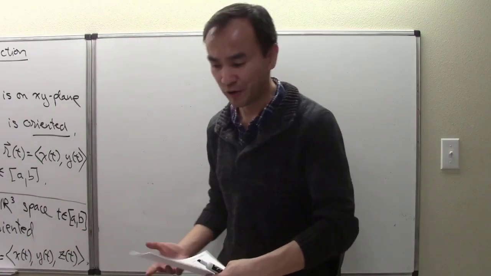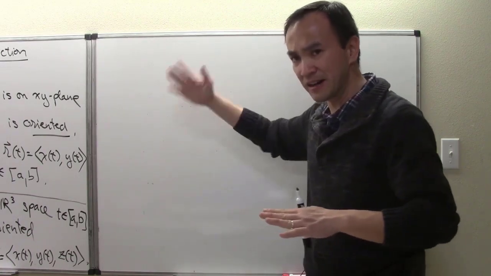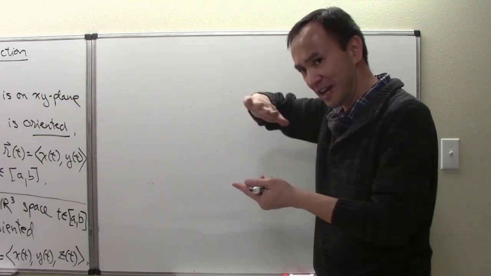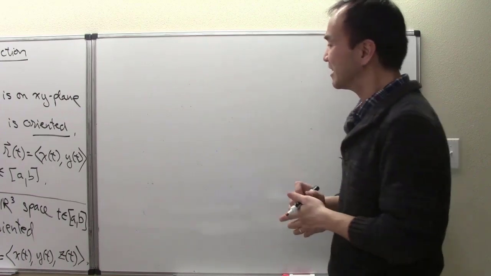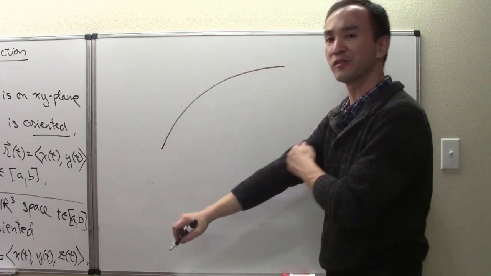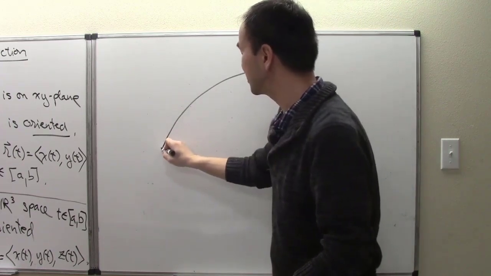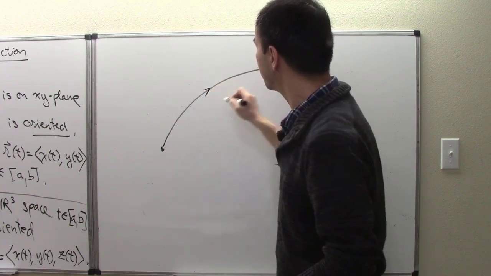Now for line integral, let's talk about it. It doesn't matter whether the curve is on the x and y plane or the curve is in space, but just think about one portion of the curve. We've got a start and an end right here. Let's say that the curve is oriented in that way.